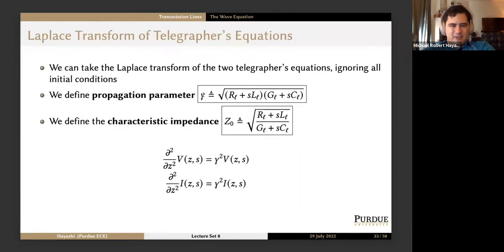So we define the propagation parameter gamma, which is going to show up for the rest of this lecture set, and characteristic impedance Z naught, which is defined as such. And when we write the PDE with gamma squared, it suddenly looks a little bit nicer.